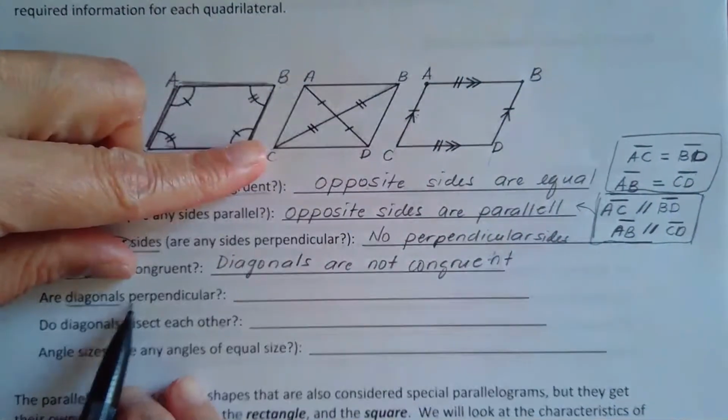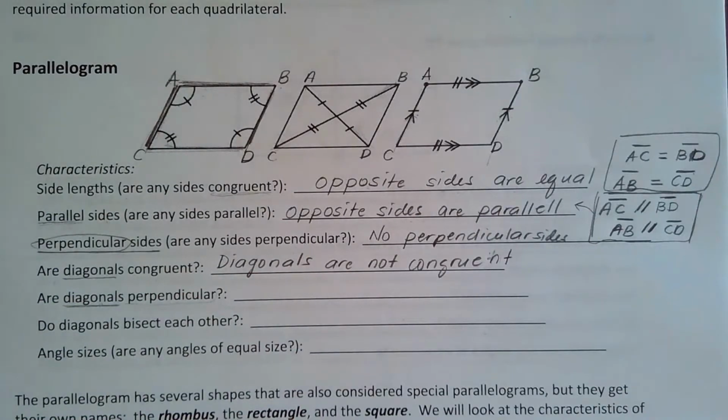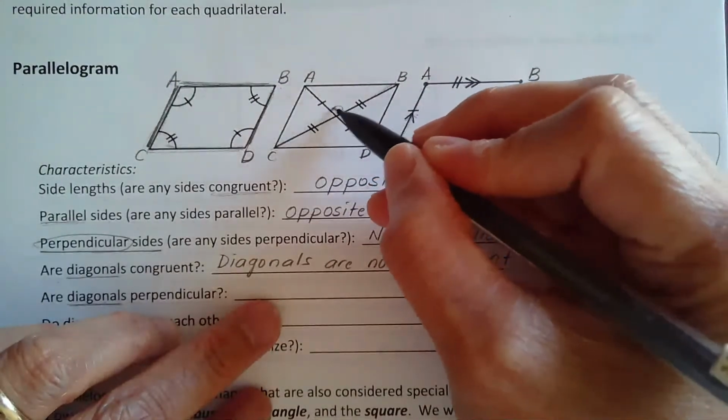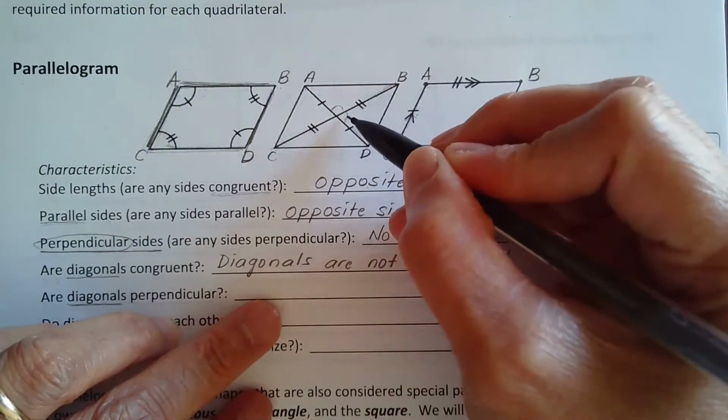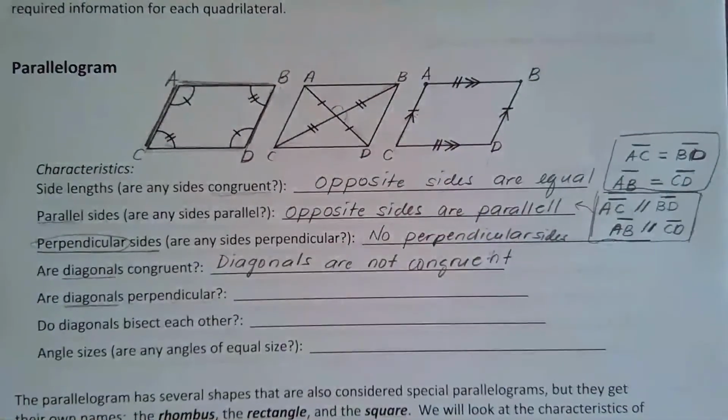The word perpendicular means they create a 90-degree angle. In this particular case, if we measure this angle and this angle, they're actually not 90 degrees.